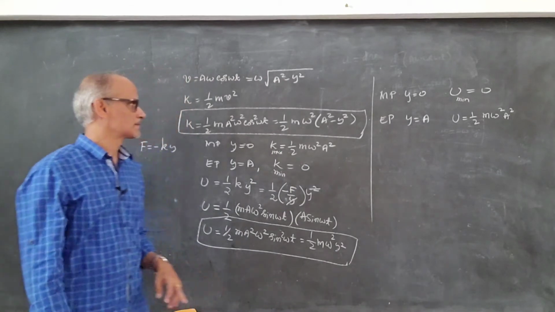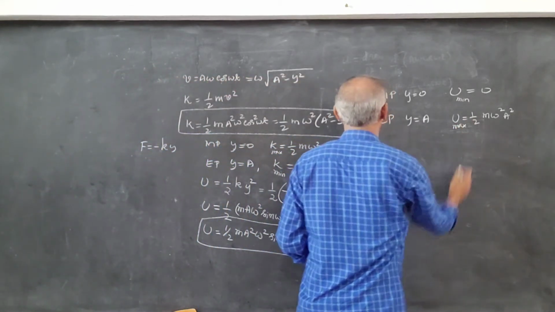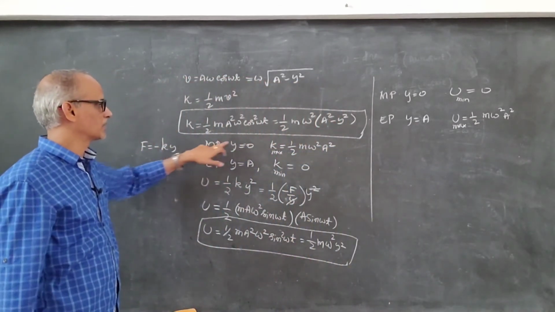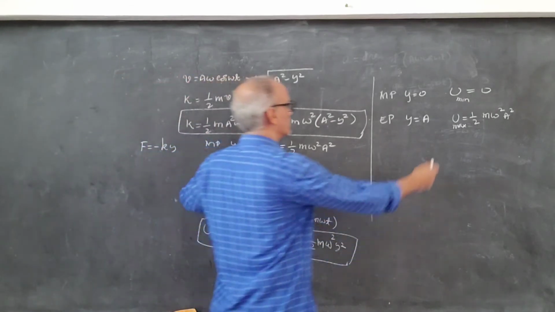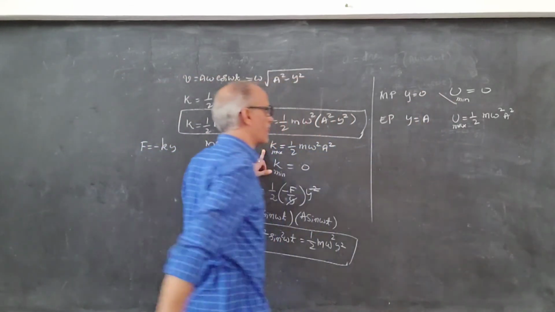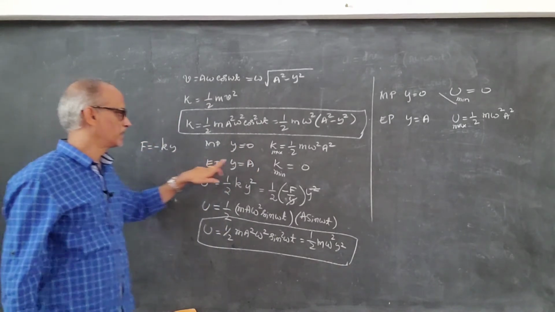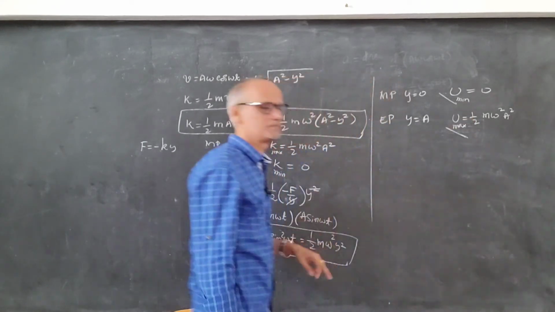So that is the expression, and this is the maximum value. So what we get to notice from here, if you compare, at the mean position kinetic energy is maximum, but potential energy is minimum. At the extreme position, kinetic energy is minimum, whereas potential energy is maximum.